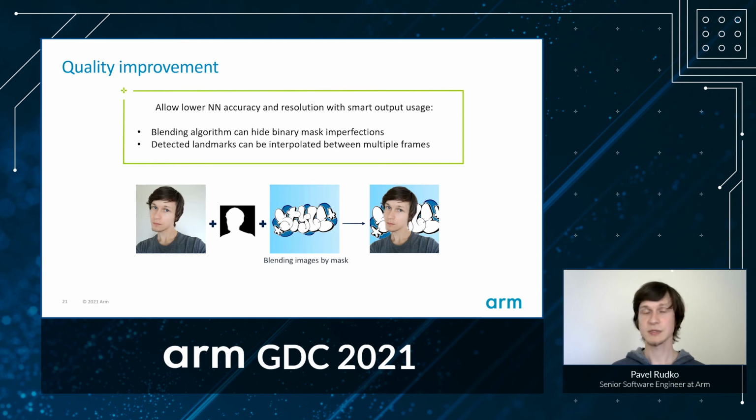And also sometimes neural networks that allow us to detect landmarks can produce not very stable results. That means the results can differ very much frame to frame when the actual images are very similar. And in this case, a simple interpolation between frames can help us to improve the results without changing the neural network itself.